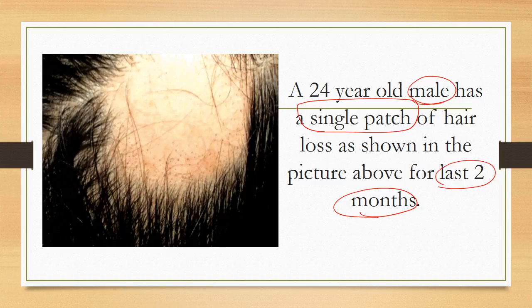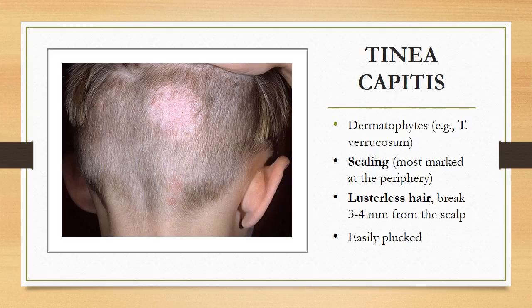There are no variable multiple small or large hair, all hair is gone, and there are some small black dots. On trichoscopy, I think you'll be able to see an exclamation mark sign in this. This is a basic case of alopecia areata. So exclamation mark sign, these black dots, clearing of the skin, male patient with sudden single patch of hair loss, alopecia areata.